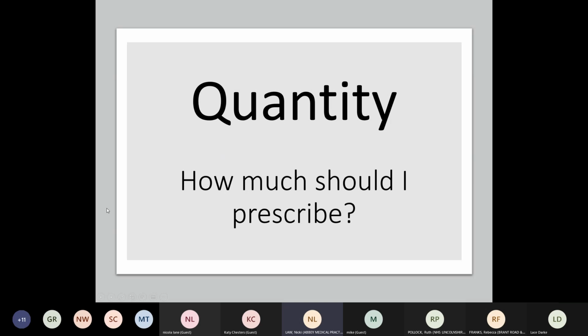How much topical steroid should you prescribe? And that's always an issue as well, isn't it? How much do they need? Do you have any idea how you can estimate how much people would need to use, or what size of steroid cream tube you would prescribe?